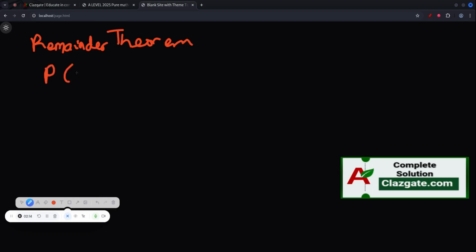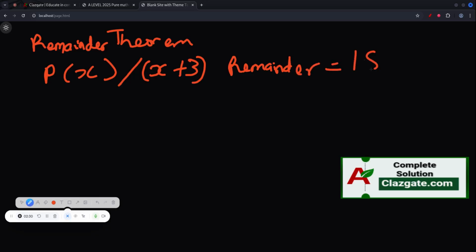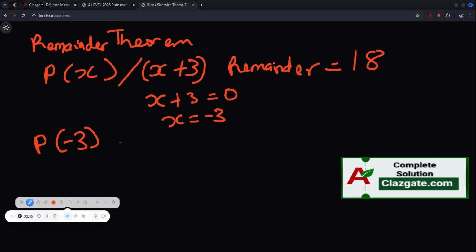when p of x is divided by x plus 3, it means that the remainder is equal to 18. This means that if x plus 3 is equated to 0, then x will be equal to negative 3. So in the polynomial, p of negative 3, the remainder will be equal to 18.